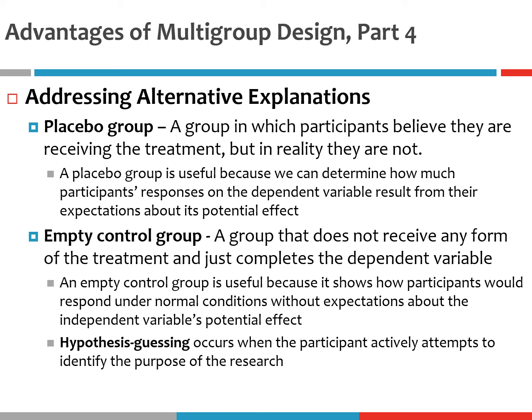You also have to worry about people trying to guess your hypothesis. So if they're in a group, whether they're in the treatment group or in the control group, you have to worry about them trying to figure out the study. If you find someone that is figuring out the study and you think that their responses will be detrimental to your study, you can always remove them. For example, if you go back to, and I keep bringing up this example, the Milgram study, the electrical shock study.